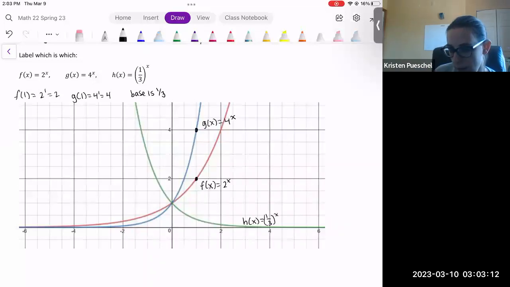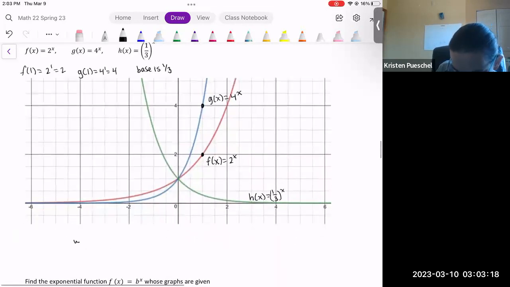One thing I'd like you to notice here is how these guys compare in size. When x is bigger than 0, 4 to the x is going to be bigger than 2 to the x.